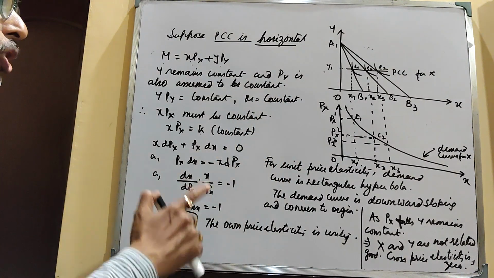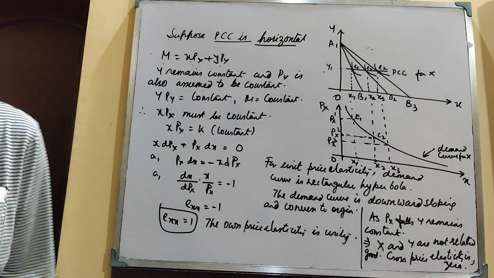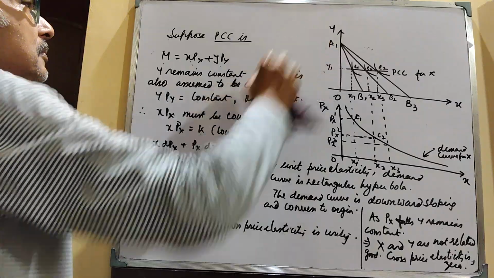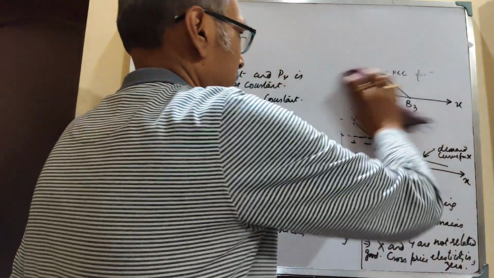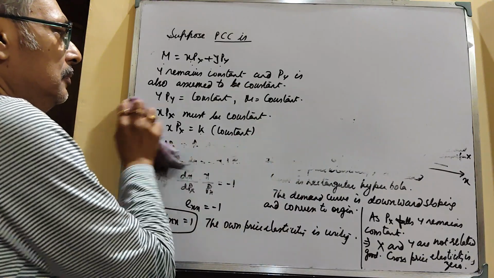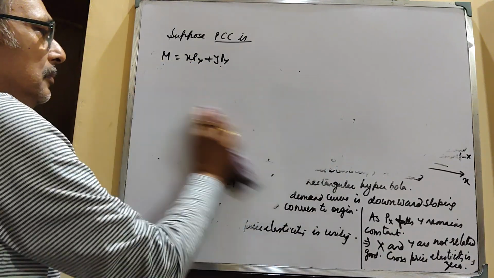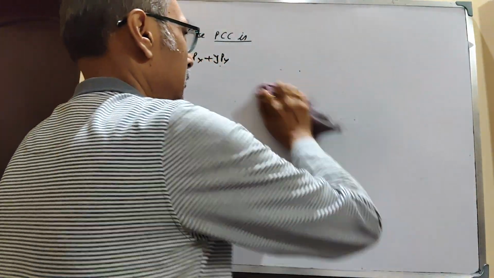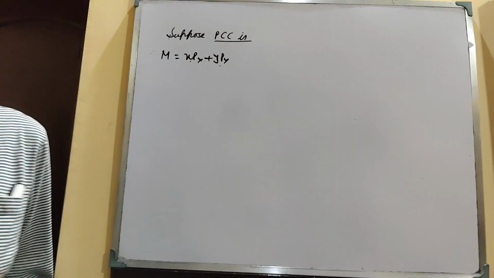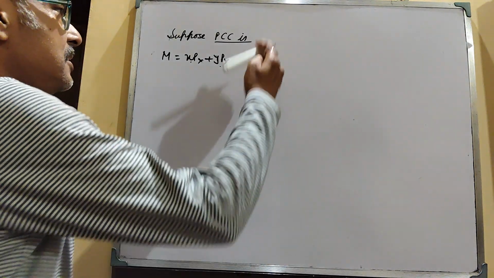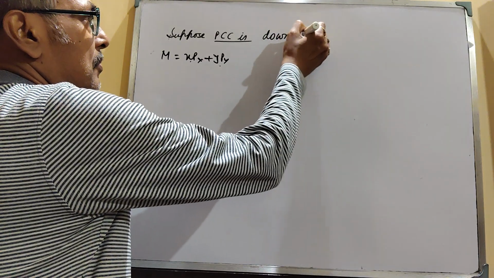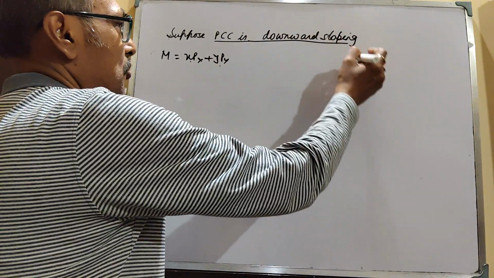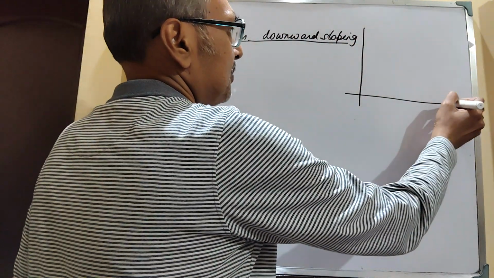Now we draw PCC is downward sloping. I am drawing PCC here.